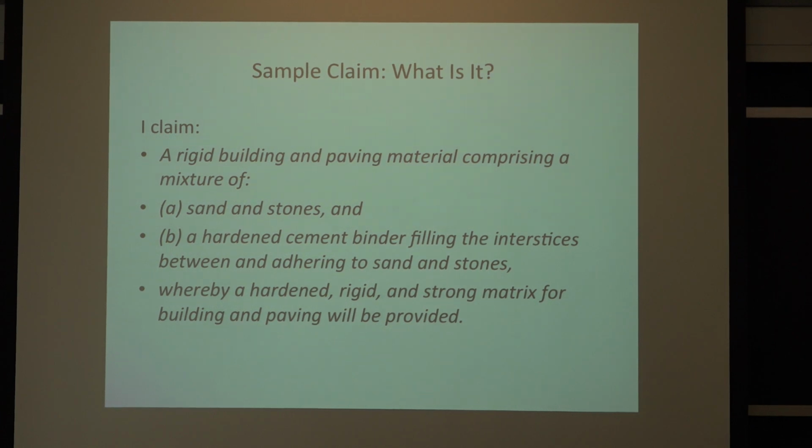How about if I claimed a method for joining two pieces of bread together, and on one side of one piece of bread, you would spread a 1/4 inch layer of peanut butter, and on the other piece of bread, you would spread a 1/4 inch layer of jelly, and thereafter join the two pieces of bread together and have the jelly and the peanut butter interface.